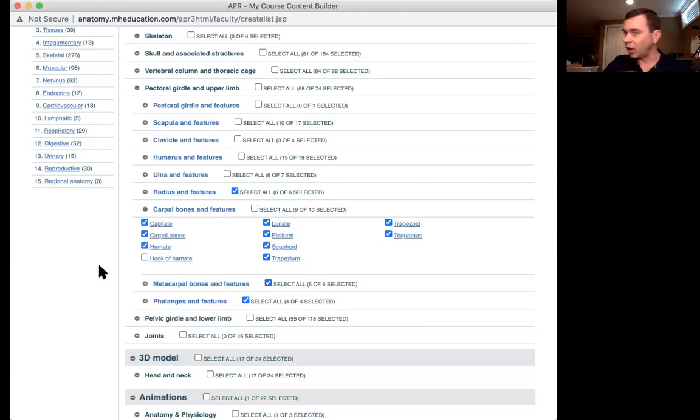These are all collectively referred to as the carpals, but you're going to be identifying them individually. Proximal row, distal row, 4 and 4. 4 bones make up the proximal row, 4 bones make up the distal row within the carpals.